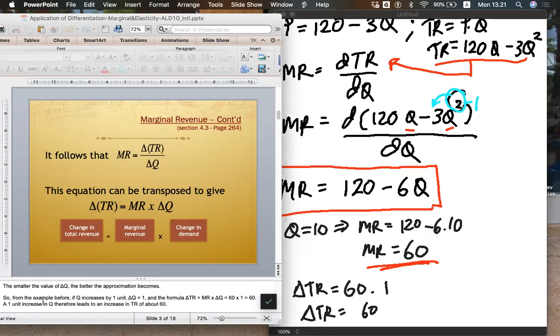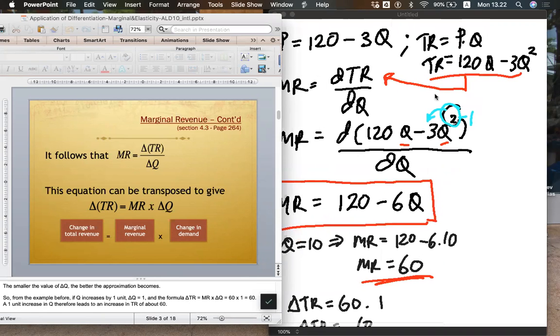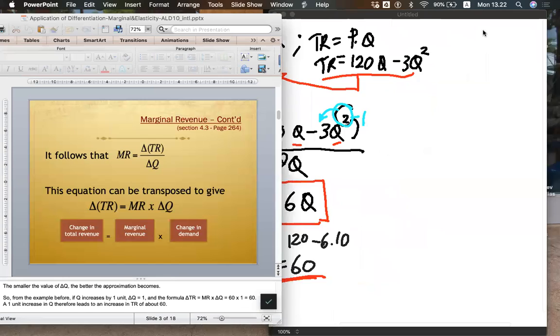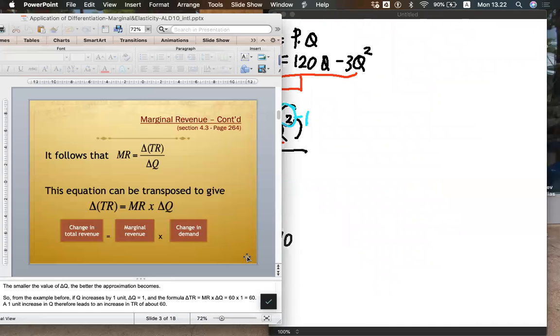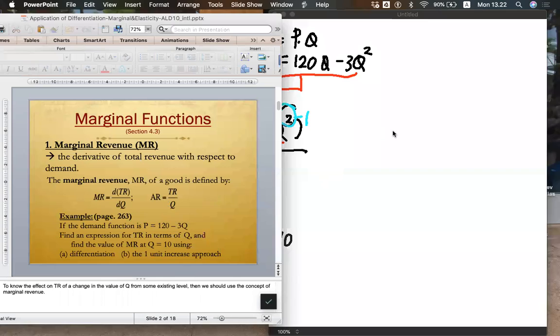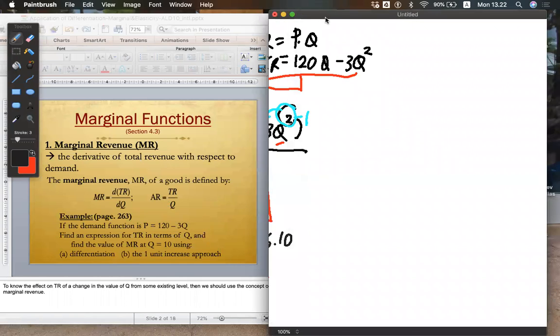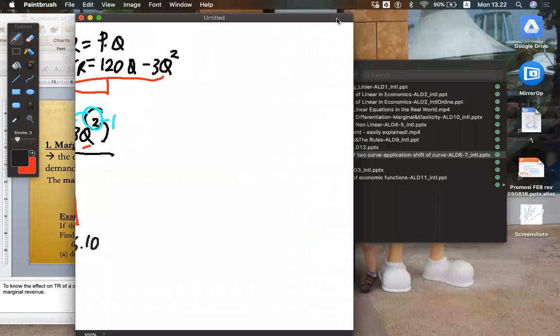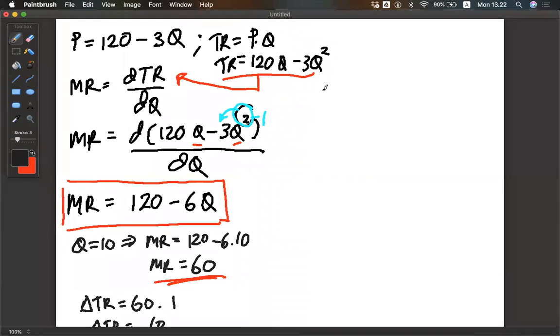So a 1 unit increase in Q therefore leads to an increase in TR of about 60. So this is the idea. And then we also want to try the one that you just asked. So if we have this equation, we have this TR. I will expand this.